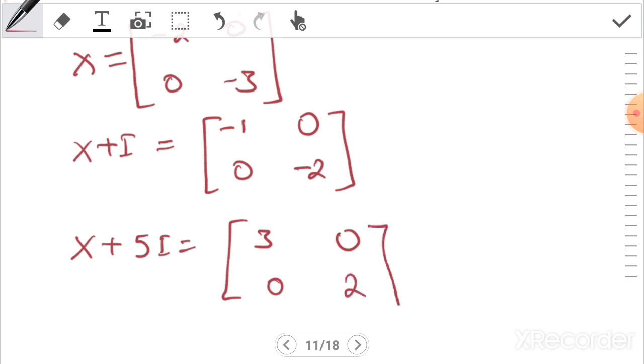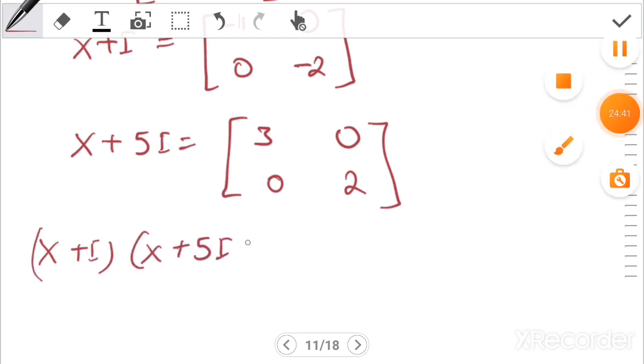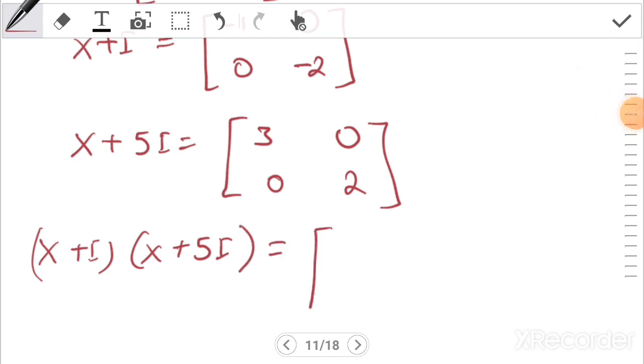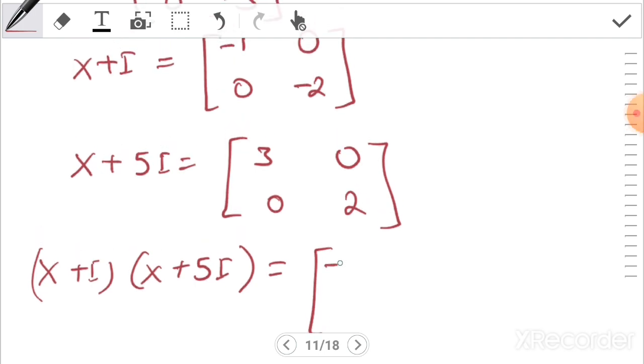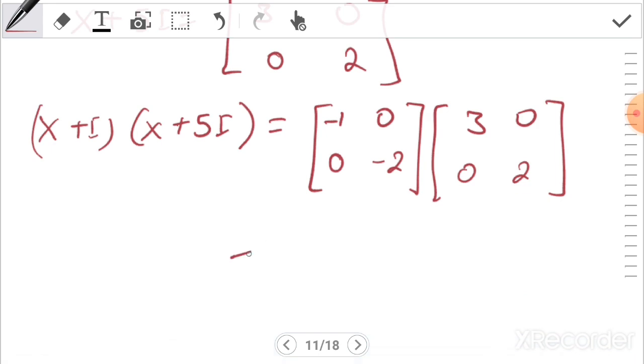Now multiply X plus I and X plus 5I: minus 1, 0, 0, minus 2 times 3, 0, 0, 2, which gives minus 3, 0, 0, and minus 4.